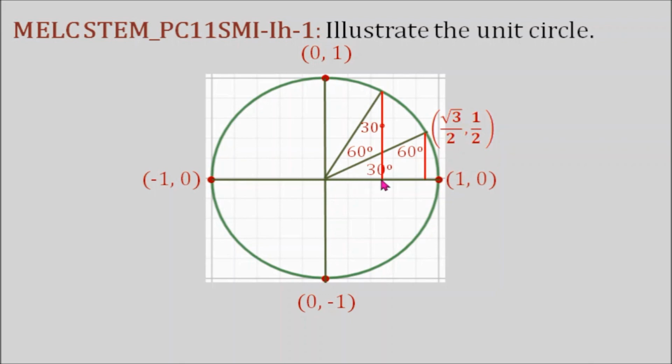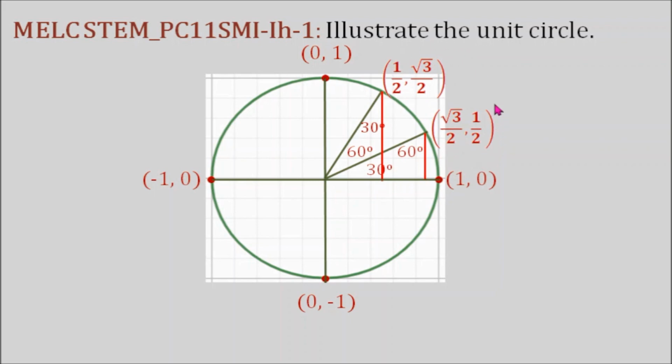Now this side here is shorter, so this is the x side, which is 1/2, and this side here is longer, this is the y, that is square root of 3 over 2. So therefore the coordinates of this terminal point here are 1/2 and square root of 3 over 2.